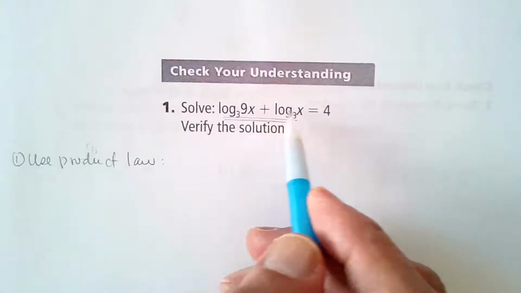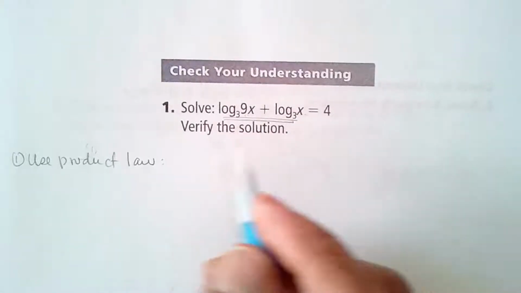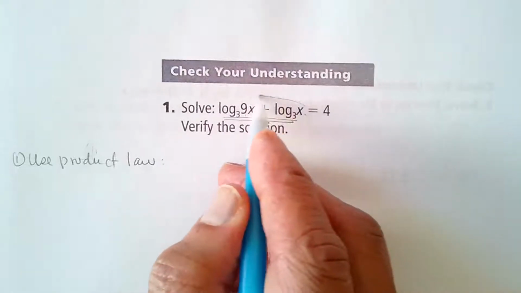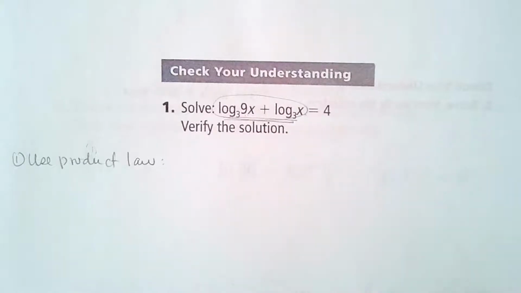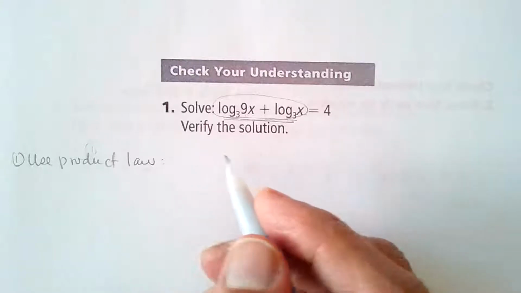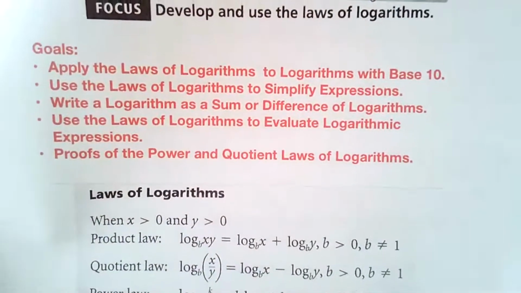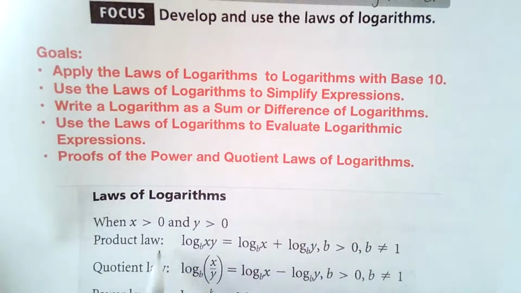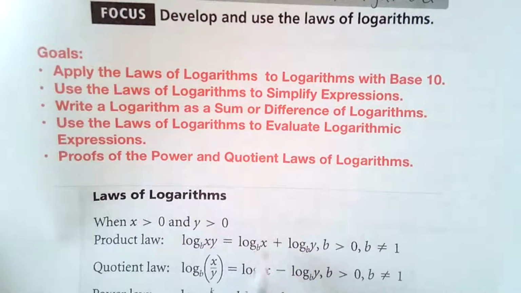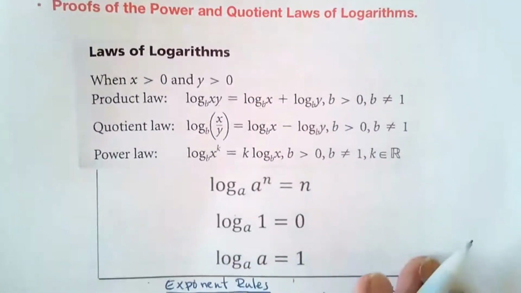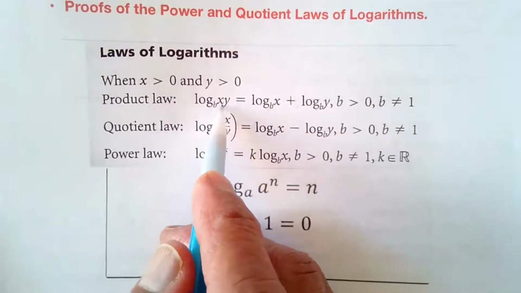We're trying to find the value of x. That's our goal. We'll combine log base 3 of 9x plus log base 3 of x. Remember our product law, where we have log b of x plus log b of y will give us log b of xy.